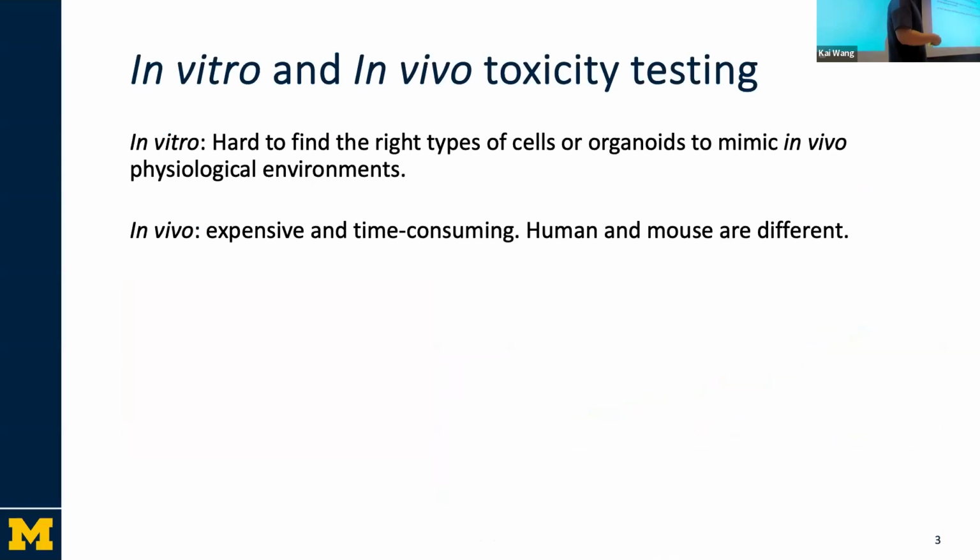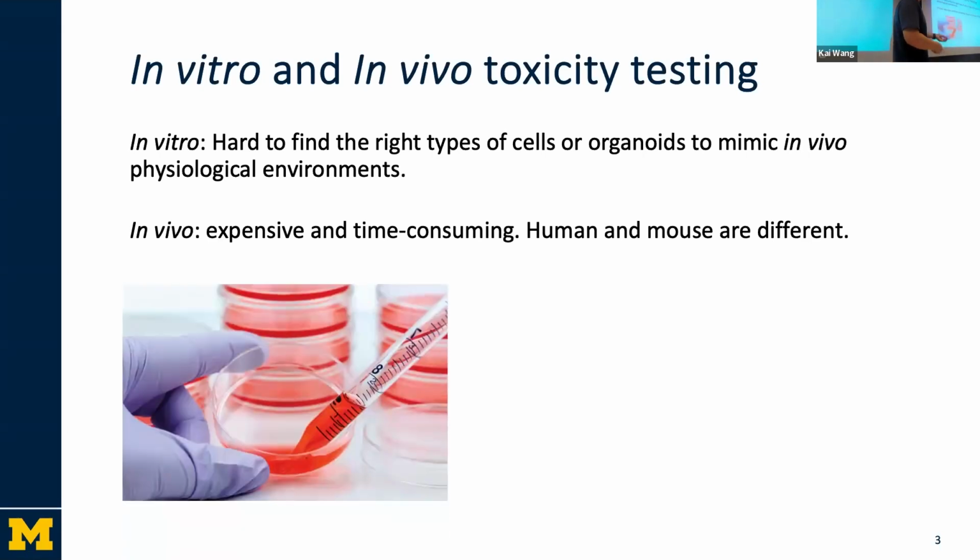Traditionally we use a lot of in vitro or in vivo toxicity testing. In vitro, we use cell lines, add different concentrations of the chemicals, and test how the cells work. But the hard part with this type of method is that it's hard to find the right cell type or organelle to mimic the real in vivo environment.